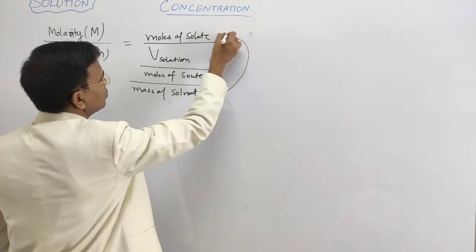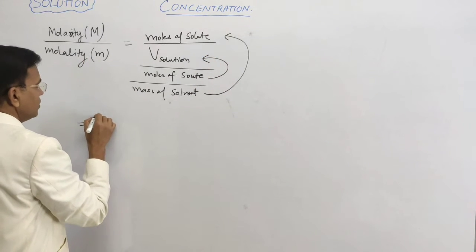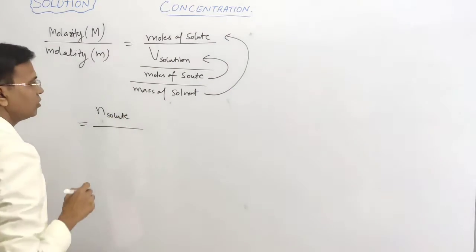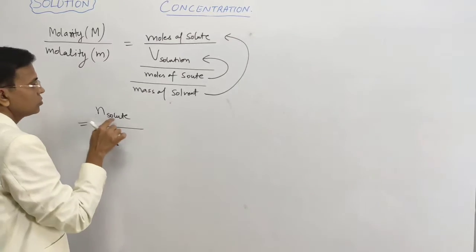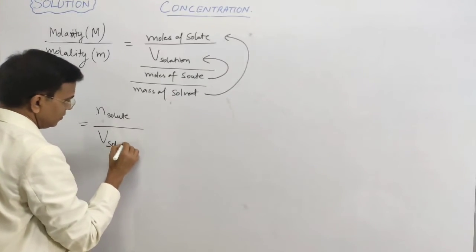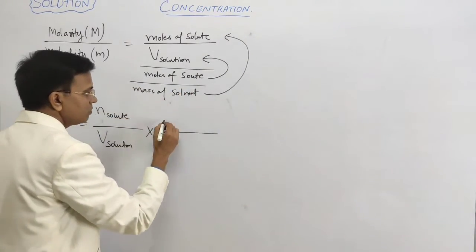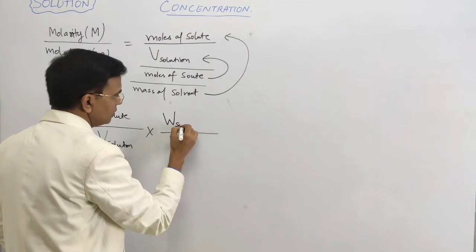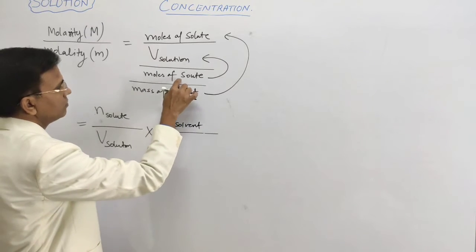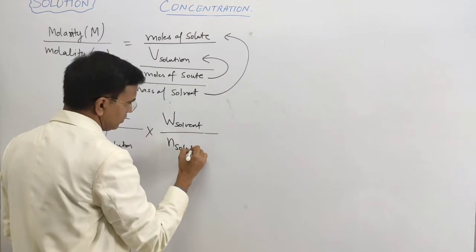So the formula will be moles of solute, volume of solution V, multiplied by the mass of solvent, capital W, upon moles of solute.